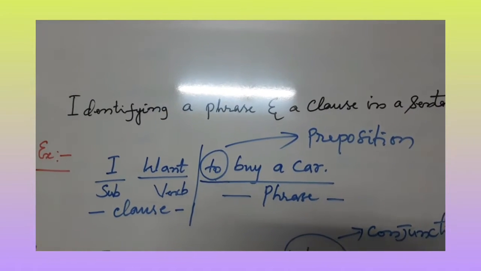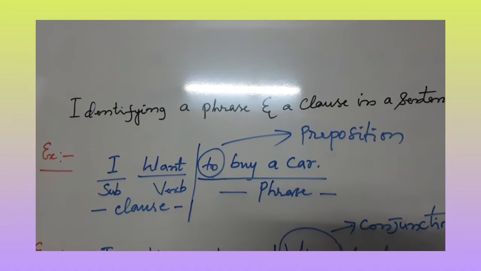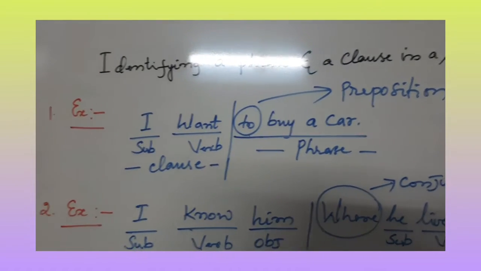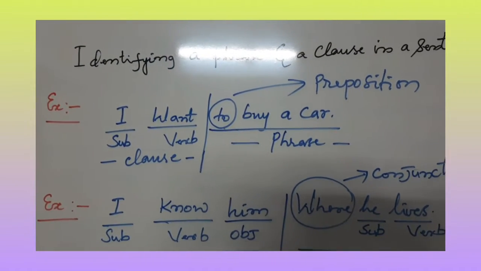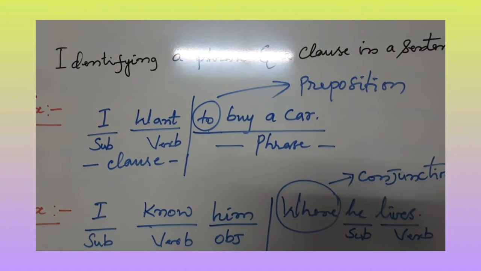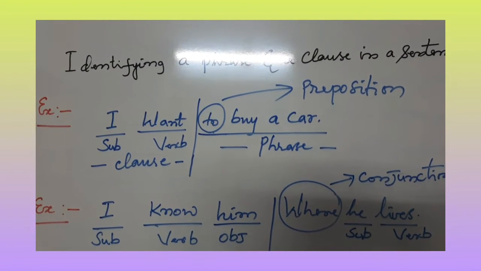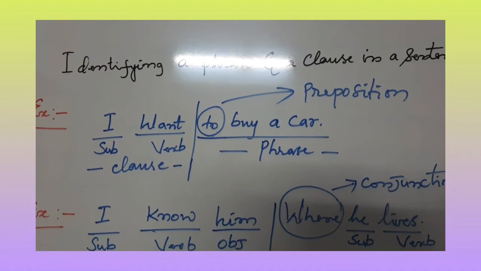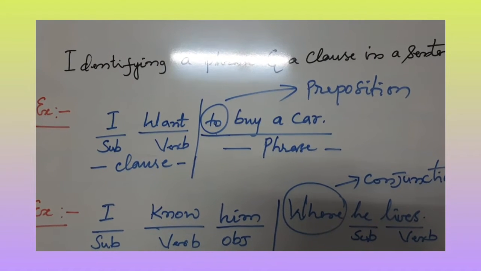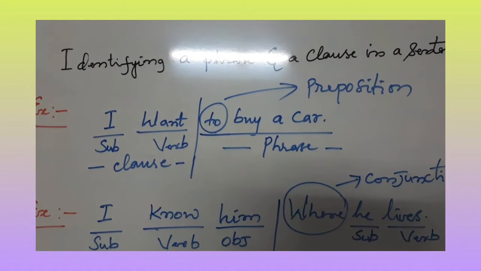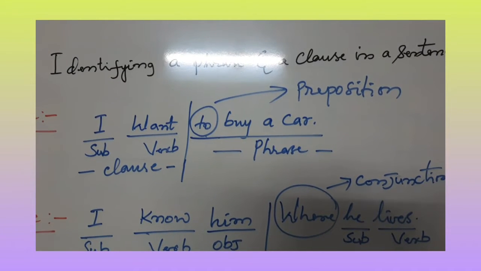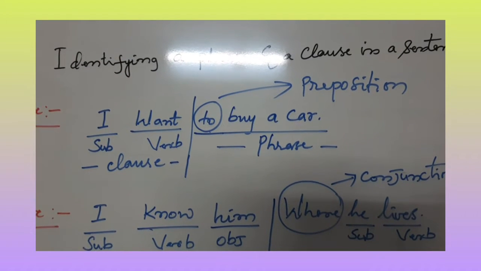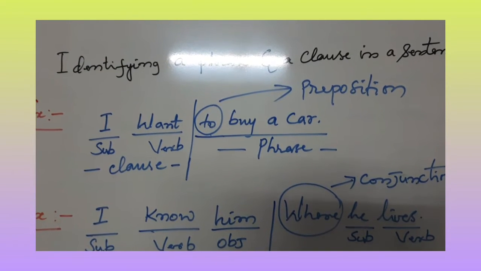Let us see how to identify a phrase and a clause in a sentence. First example, I want to buy a car. Here in this sentence you can see I as a subject, want as a verb. So no doubt this satisfies the clause. To buy a car is a phrase, and it does not carry a complete thought.